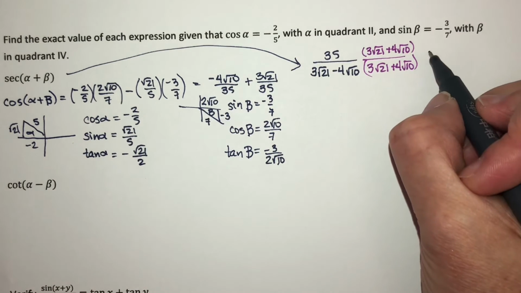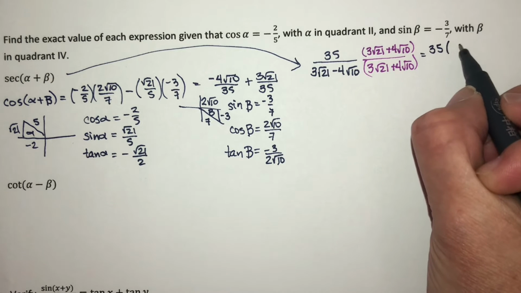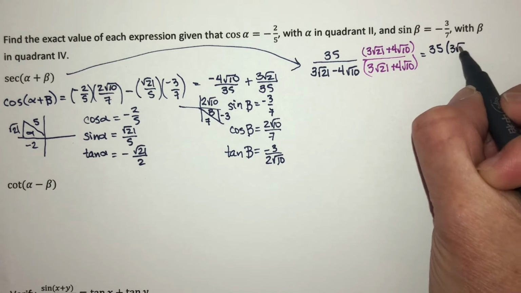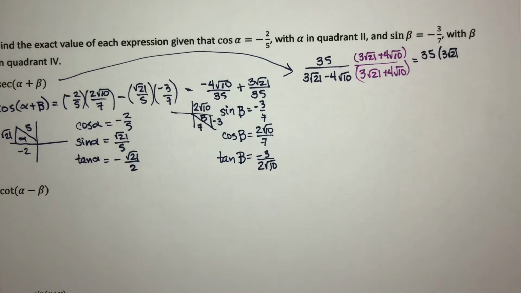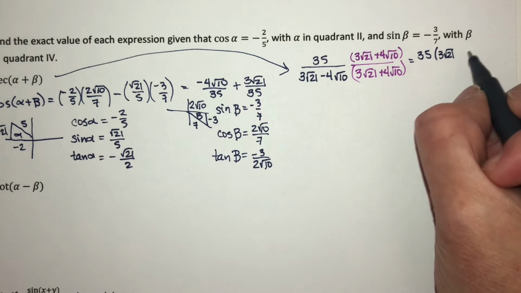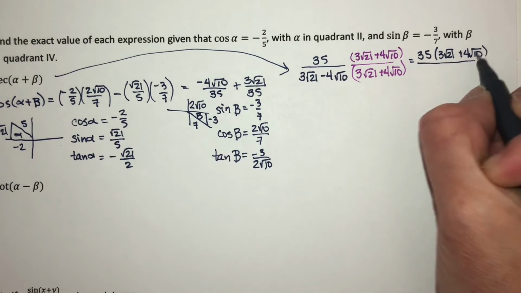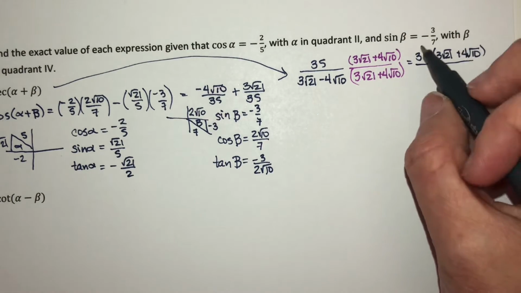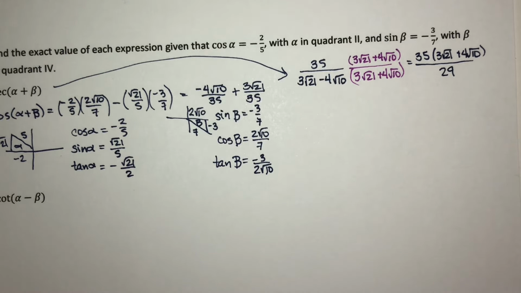Just doing all of the arithmetic and not distributing in the top. Okay, that's what you get.